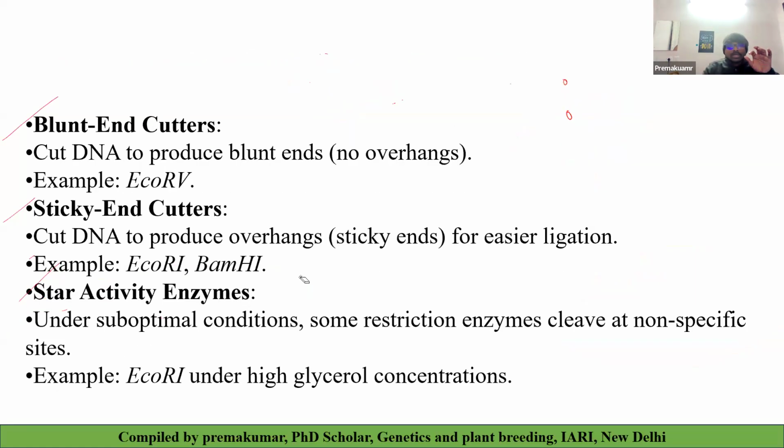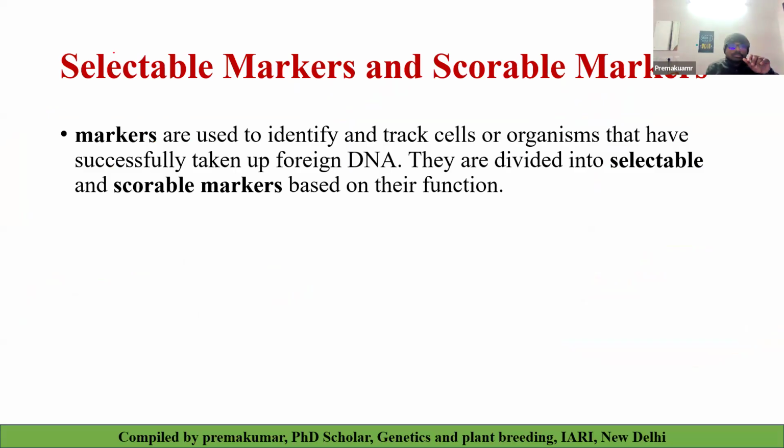Then I also discussed that after restriction enzymes, we need to have some marker systems in the vector so that we can easily select the transformants and non-transformants. There are different types of markers: selectable markers and scoreable markers. Why do we need markers? They are used to identify and track the cell or organism that has successfully taken up the foreign DNA.